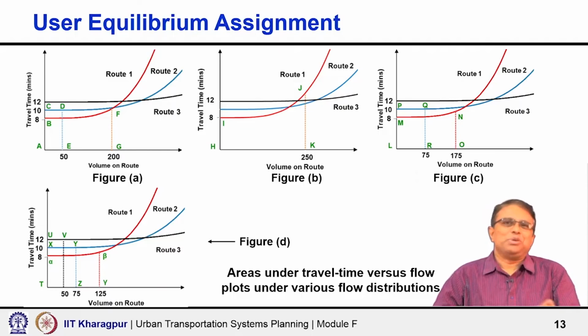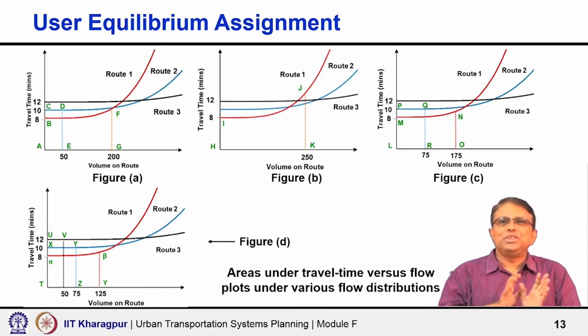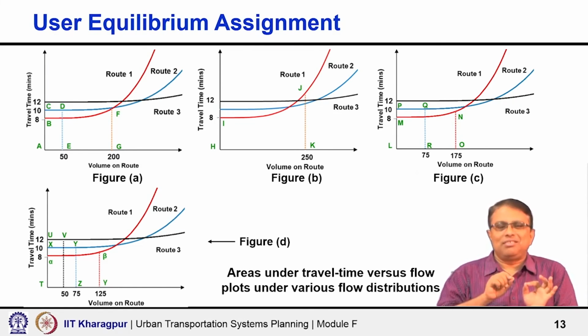and you will realize that the total area under this curve is minimum for this optimal solution. That means, any other distribution you take other than 200 using route 1 and 50 using route 2, whatever any other possibility you take, the total area under the curves is going to be more.